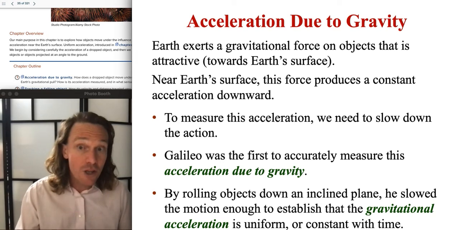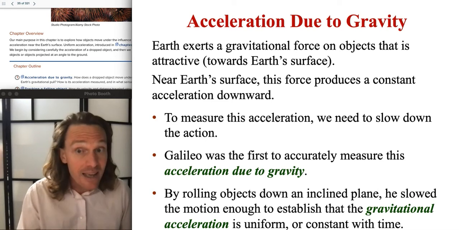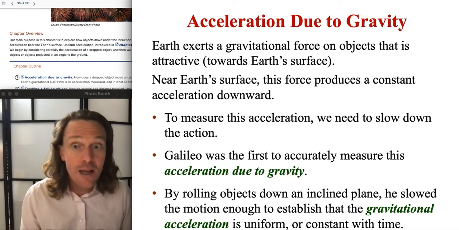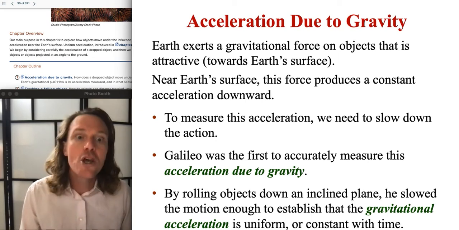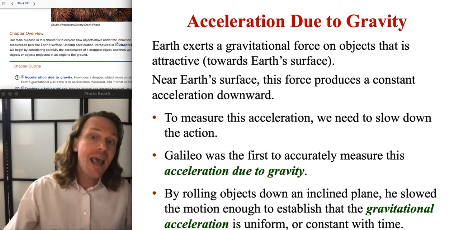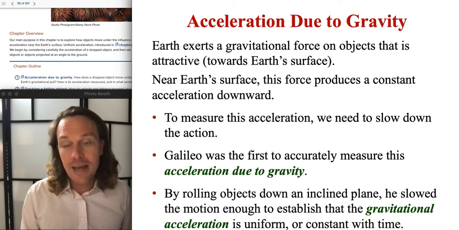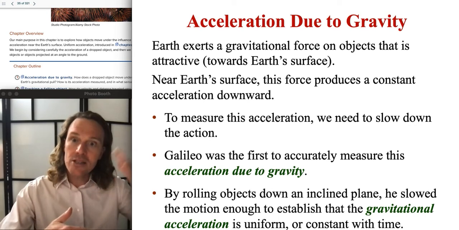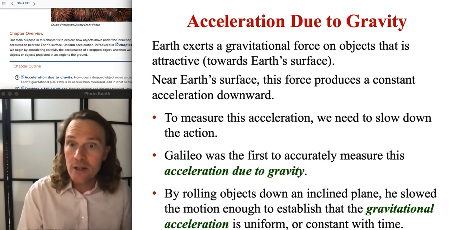Well, 500 years ago, when Galileo was performing experiments to show that there's this thing that is constant for all objects, he couldn't do that, right? He couldn't use high-speed film. It certainly didn't exist. So he was able to measure this acceleration of gravity at a smaller fraction using rolling motion, okay? So he was able to create these ramps, not particularly steep, because he needed things to roll uniformly and relatively slowly.